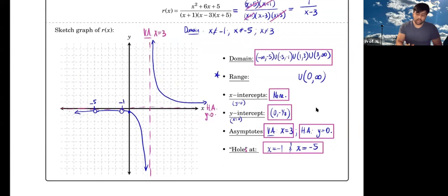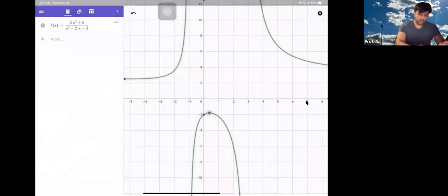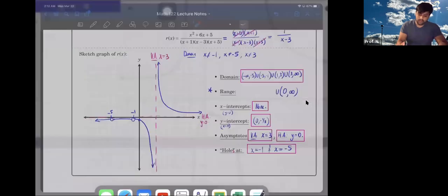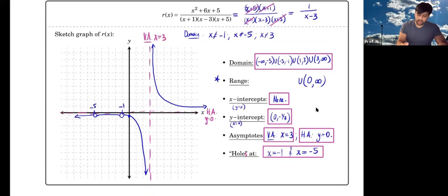So what I'm going to do is graph this. Let me just refresh my memory: x squared plus 6x plus 5.